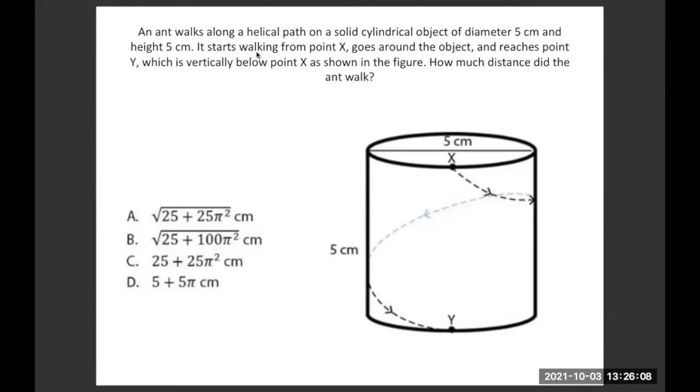So let me ask you one question. If I draw this line, the line का length होगा 5, correct? The length of this line is 5 centimeters. This is correct? Yes, ma'am.